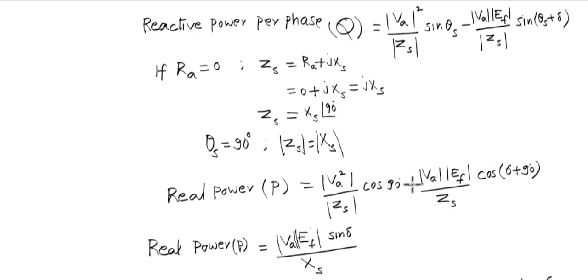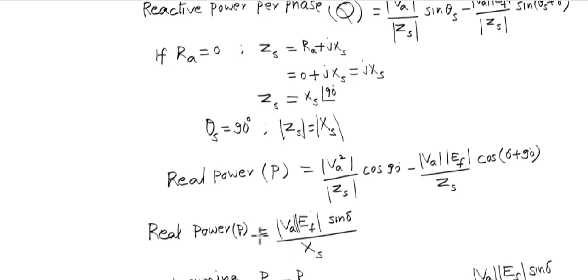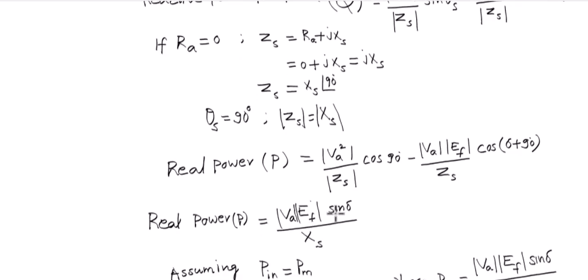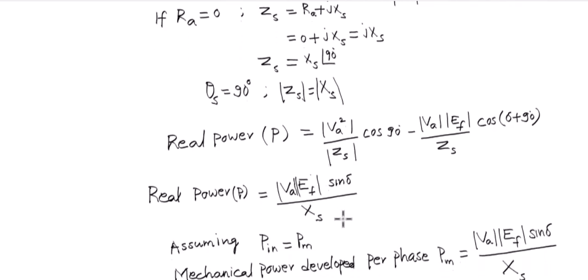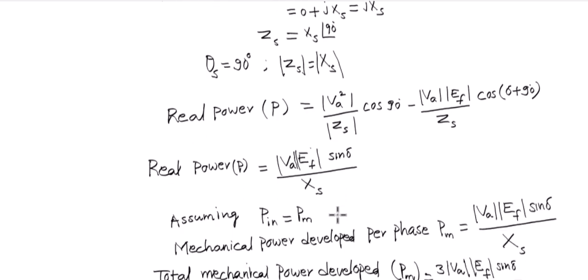It's already minus here, so minus into minus becomes plus. So real power P is equal to Va into Ef into sin delta divided by Xs. So this is the real part of the complex power.